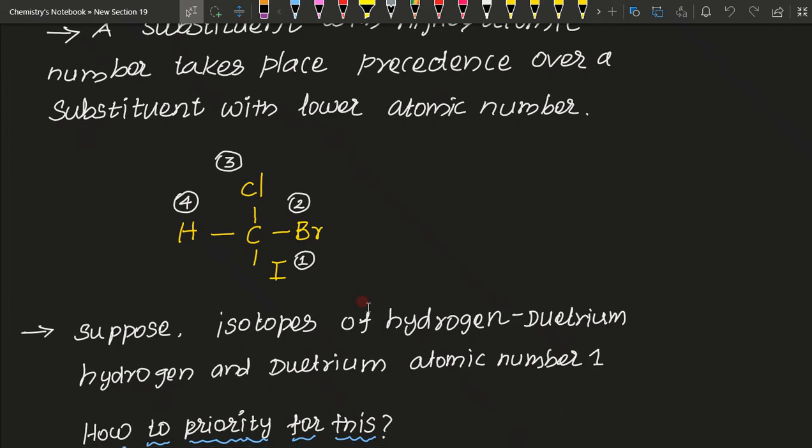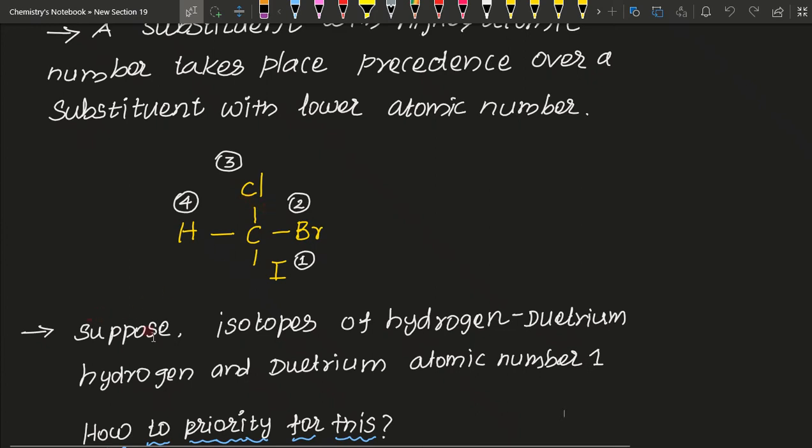So it means iodine is the highest atomic number, bromine is lesser than iodine, chlorine is lesser than bromine, hydrogen is lesser than chlorine.